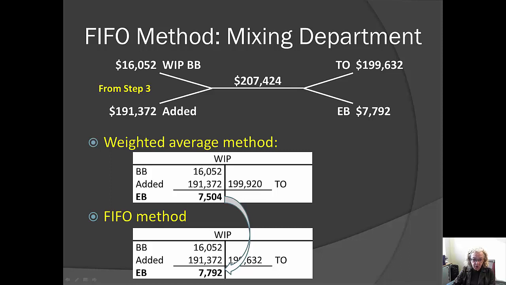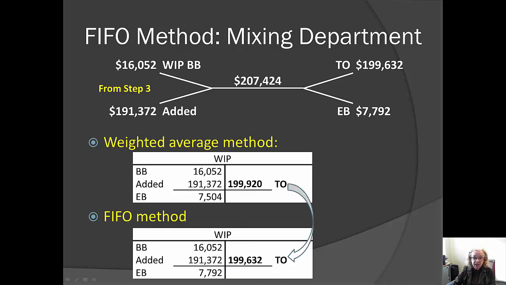That happened because our costs went up during the period, and the FIFO method makes sure that all old costs are assigned to units that get done. So the ending balance contains only new costs. By contrast, the weighted average method mixes together the old costs and the new costs. That's why it's a little lower, because it contains some old costs along with some new costs.